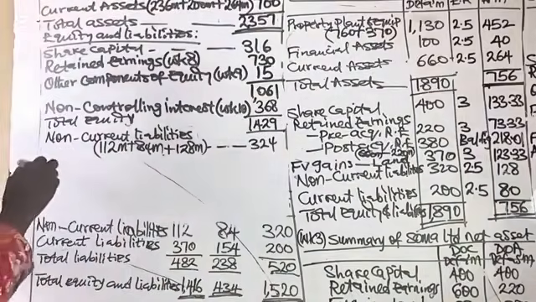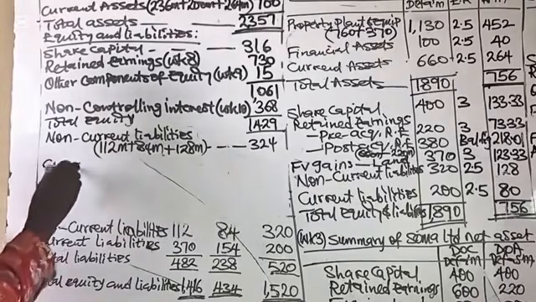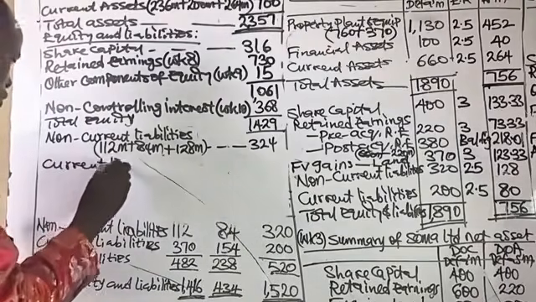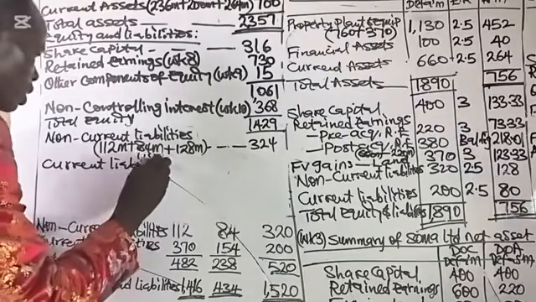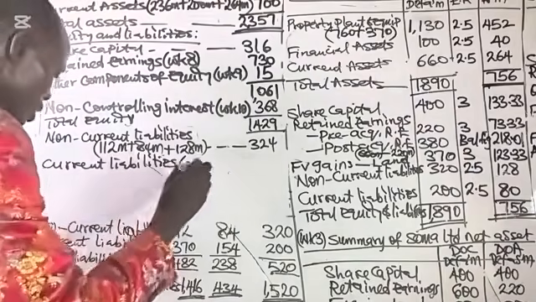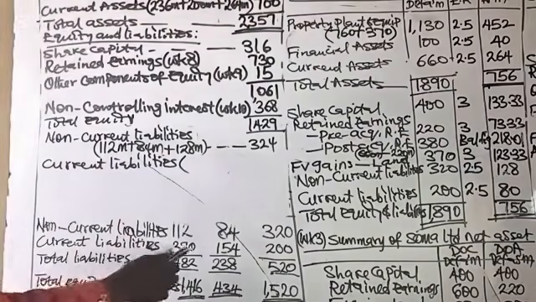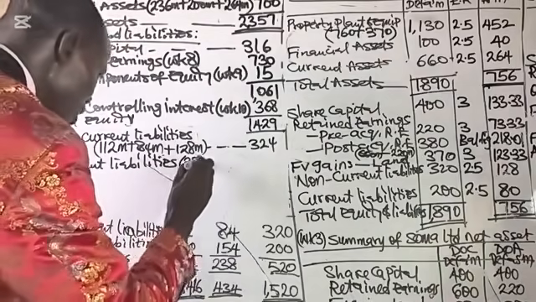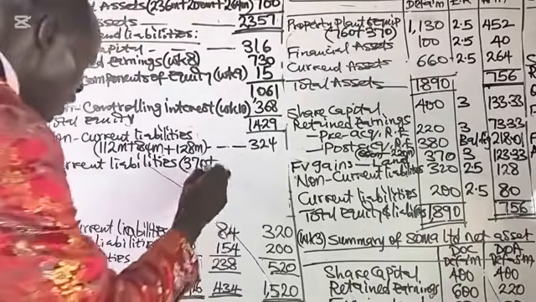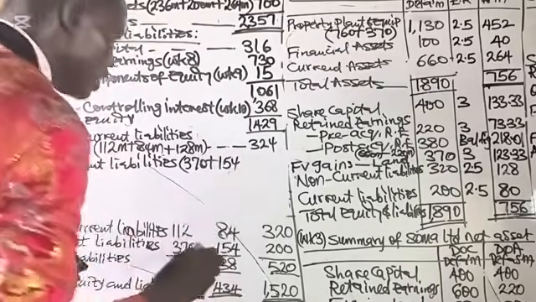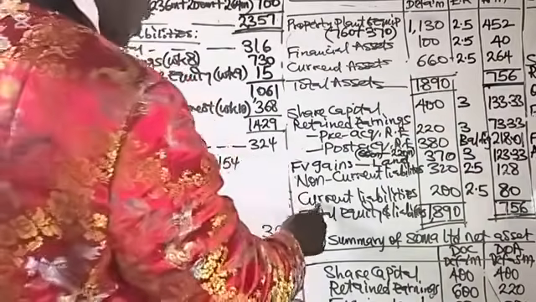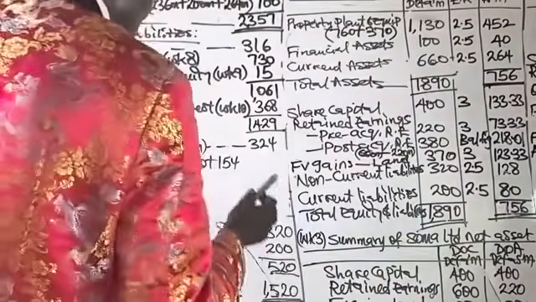Then we have current liabilities. Rapuya, current liability 370. Puta 154. Then Soma, current liabilities 80.